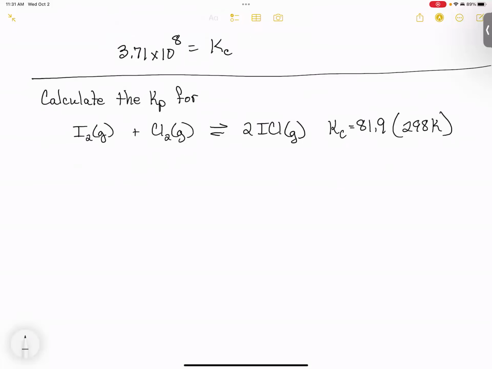Okay, so since we want to convert between Kp and Kc, our equation is Kp is equal to Kc times RT to the change in n.